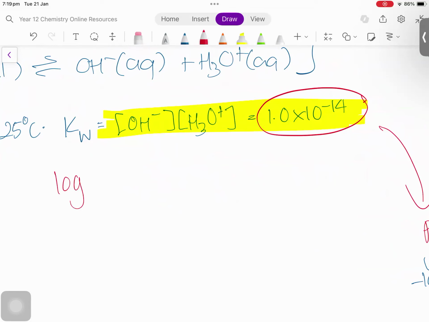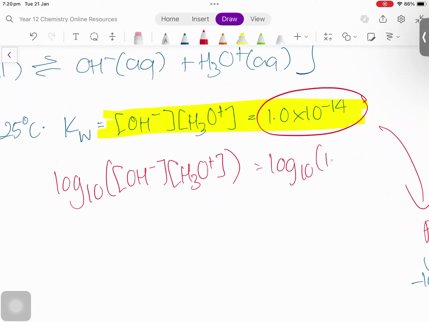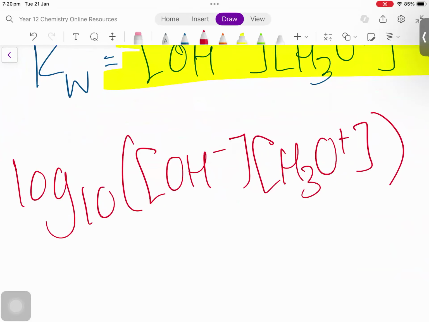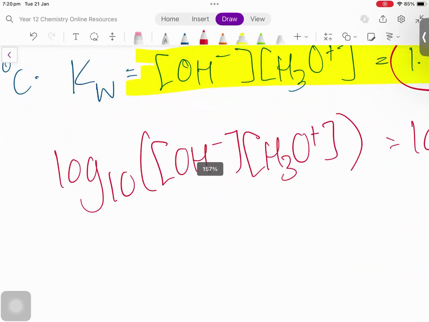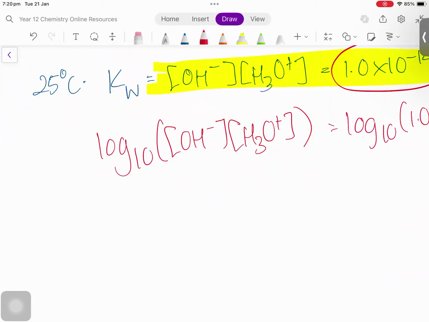Now, guys, this is where a bit of maths comes in. I'm deriving the equation for you so you know what to do when the temperature changes. Log base 10 of 1.0 times 10 to the minus 14. From maths, when you put a log around something that's multiplied, it splits into addition.